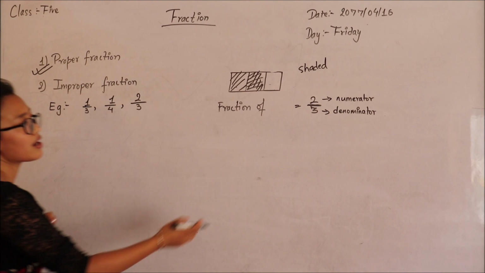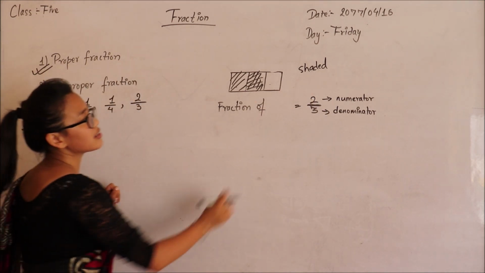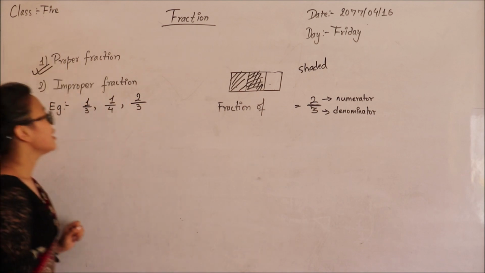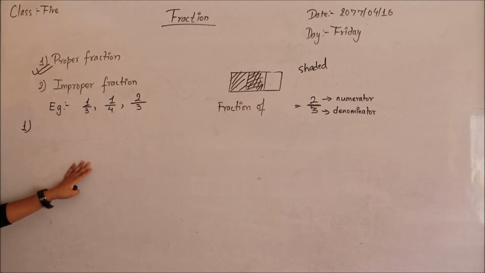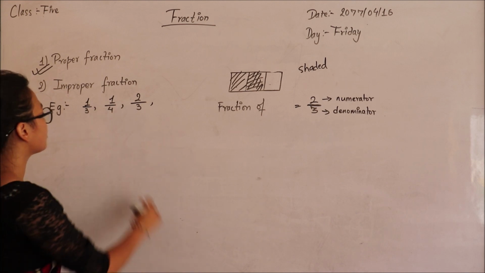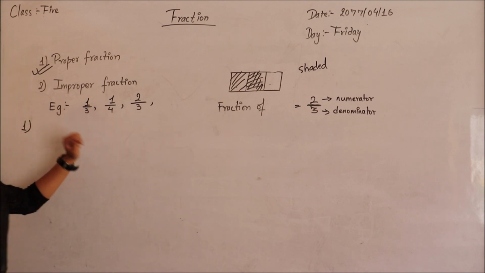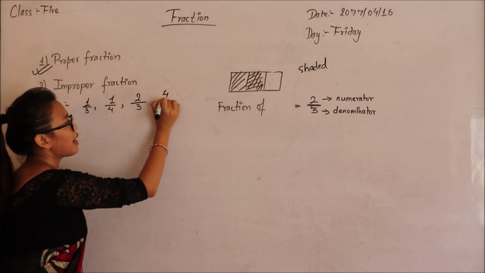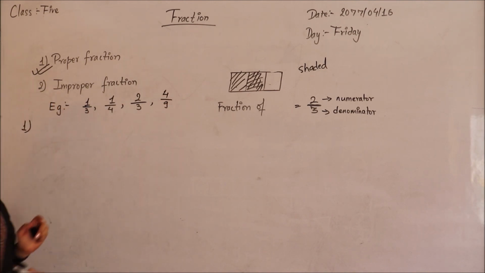So that's why we have written here 2, and we have written here 3 because there are 3 equal parts. So you have already got the term fraction. So 1 by 3, 1 by 4, 2 by 3, there are numerous fractions also, 4 by 9, isn't it? So 4 by 9 can also be there.